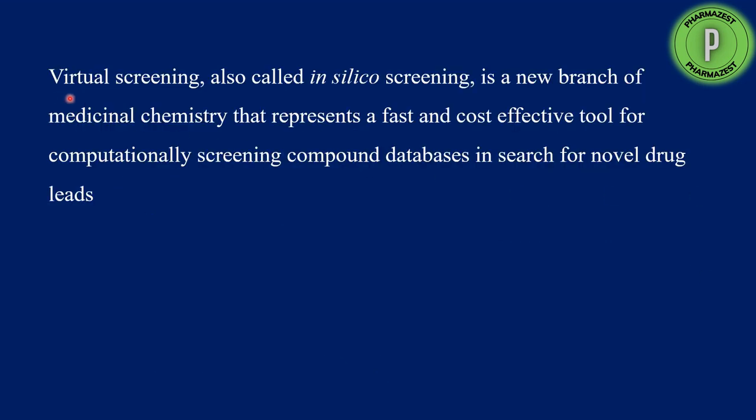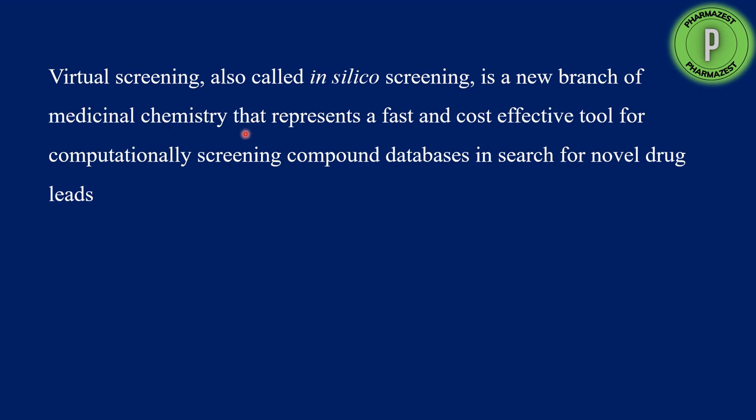Another definition which you can give for virtual screening is that it is also called in silico screening. It is a new branch of medicinal chemistry that represents a fast and cost effective tool for computationally screening compound databases in search of novel drug leads.